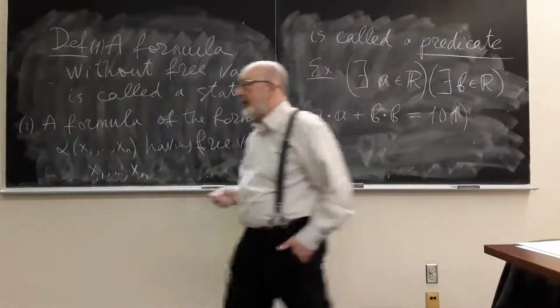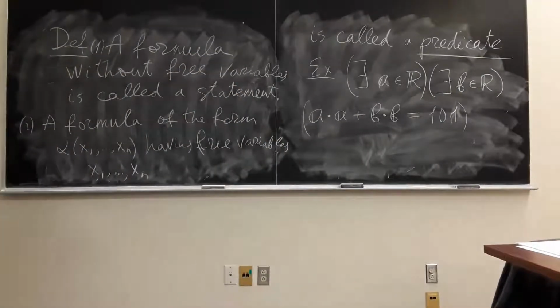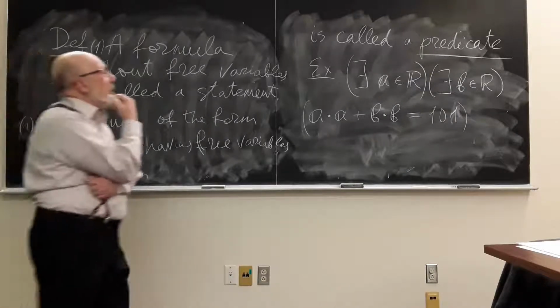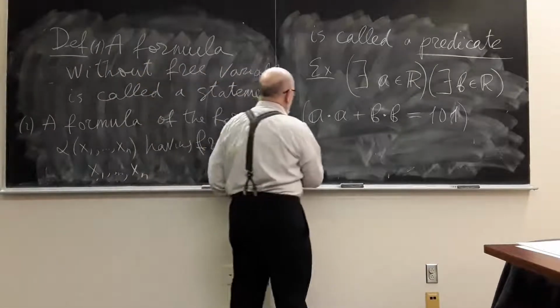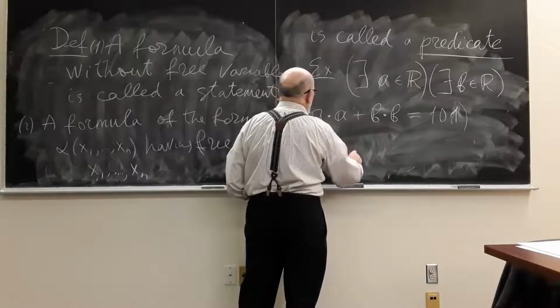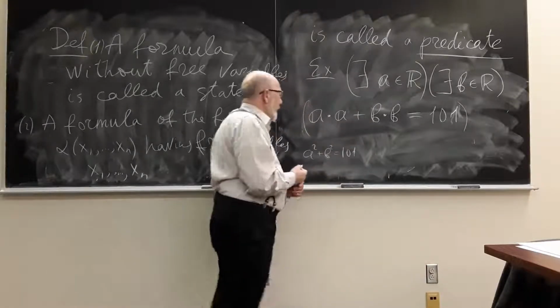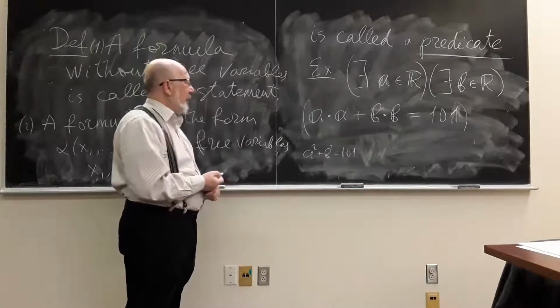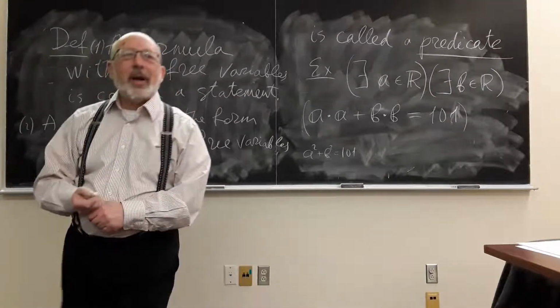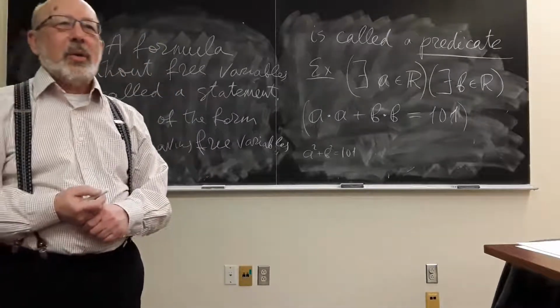So the formula is formally a string, but it can be long, so we can write it in several strings. In our mathematical language, a squared plus b squared equals 101. For example, a equals 10 and b equals 1 is enough. I don't care if it is true or not.